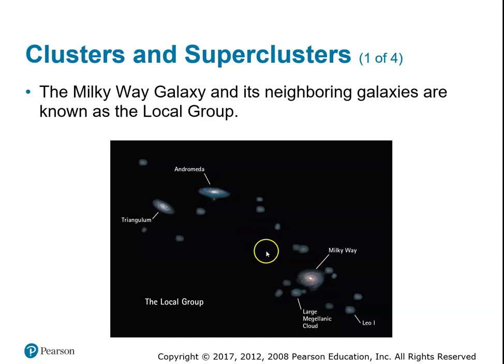Now it'll take billions upon billions of years for them to collide with each other, but that will happen in the future. Here's another small spiral galaxy called Triangulum. There's a few dozen other galaxies that form the local group, and the local group is not considered a cluster because it doesn't have any large elliptical galaxies.